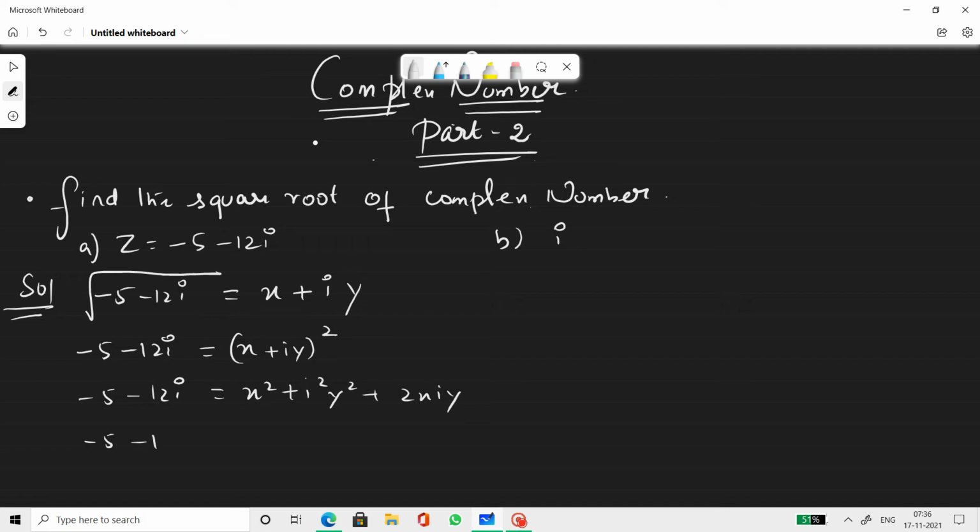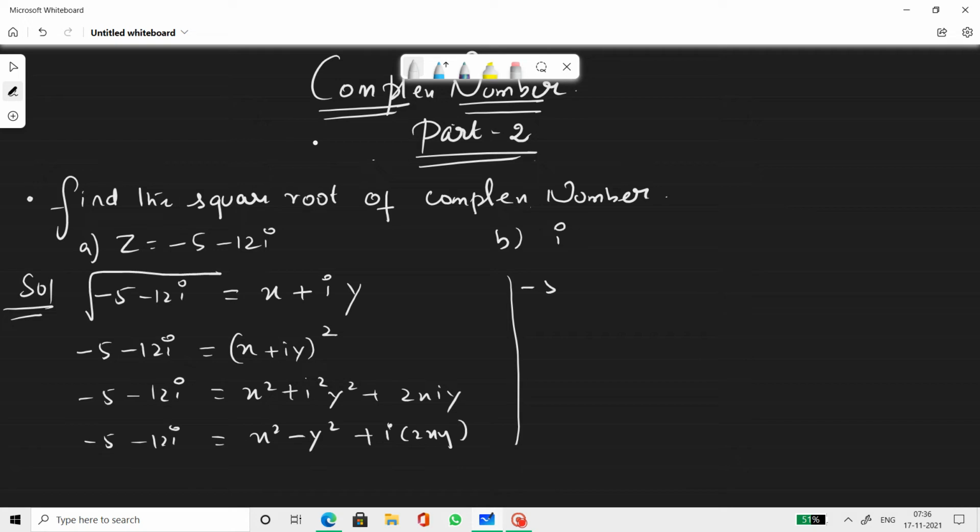Minus 5 minus 12i equals x square. We know i square value is minus 1, so this becomes x square minus y square plus i into 2xy. Now I'm going to equate the real terms on both sides. What are the real terms here?